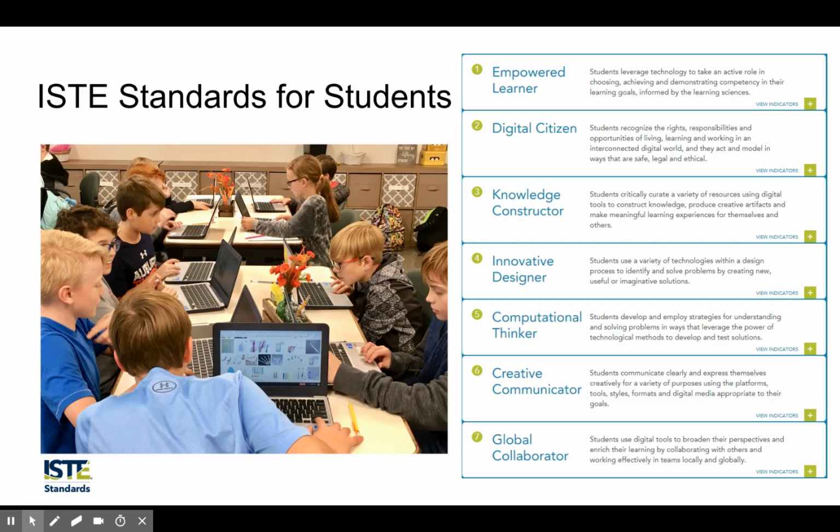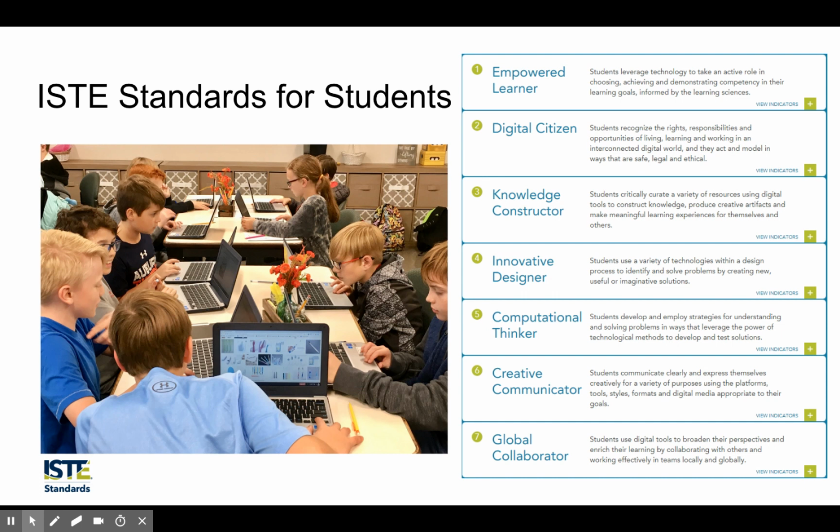The Alabama Digital Literacy and Computer Science standards were developed in 2018 and were the culmination of a year-long effort by a committee of educators from around the state. In developing the standards, several national references were used, including the ISTE standards for students. You can see the 7 standards here developed by the International Society for Technology in Education.